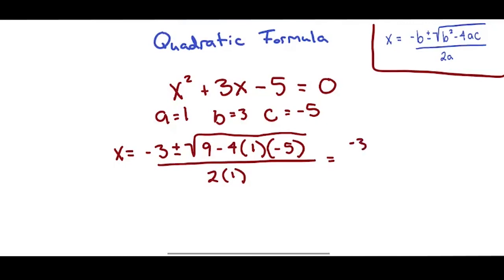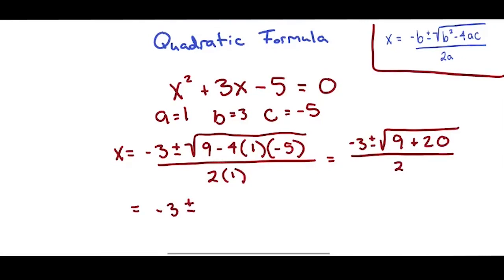So I have negative 3 plus or minus the square root of 9 plus 20, all over 2. If I simplify that, I have negative 3 plus or minus the square root of 29 divided by 2. And that's the final answer.